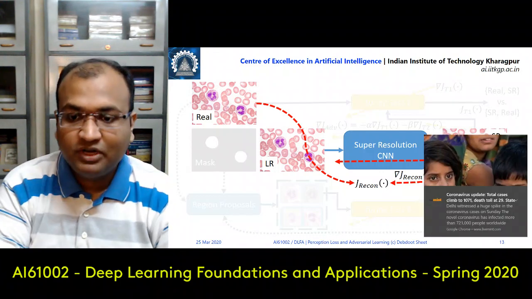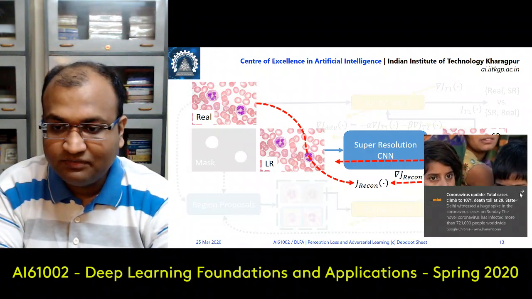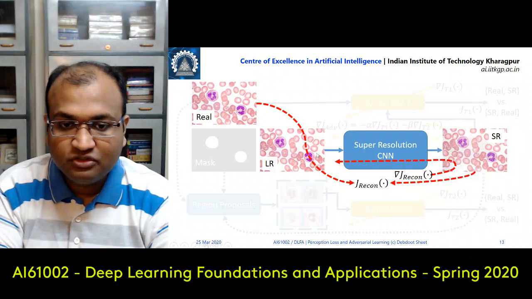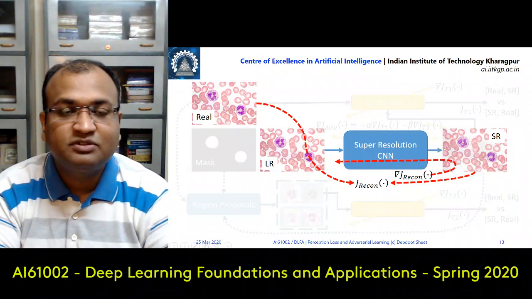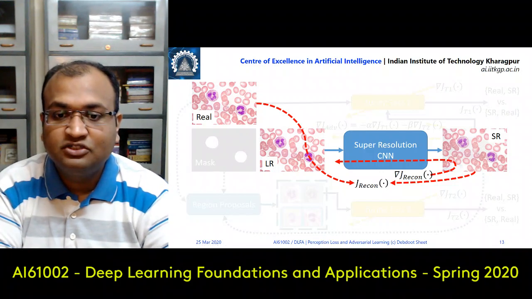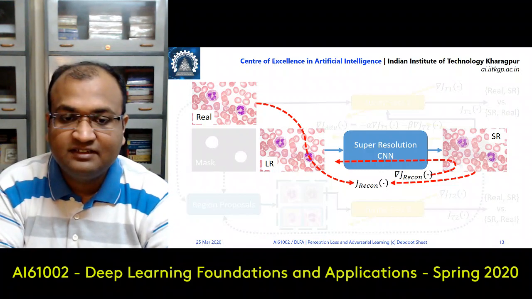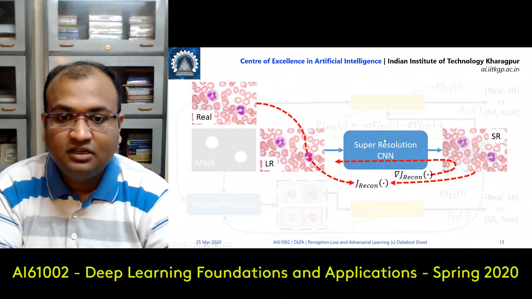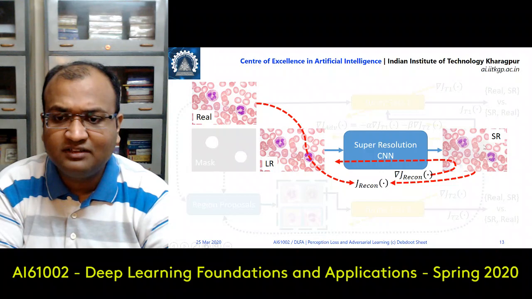The point was that given a low resolution microscopy image, an image acquired at 10x objective magnification, the job at hand is to create a CNN which is going to create a high resolution image, which we now call a super resolved image.